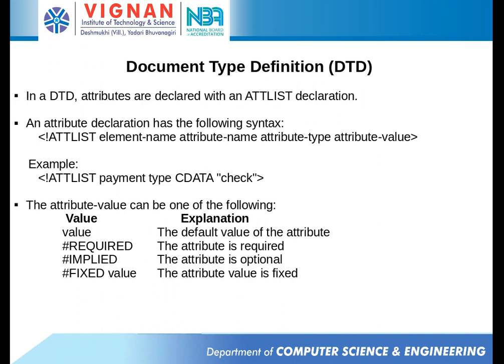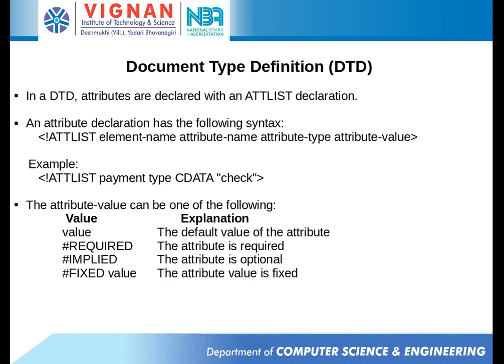So in the case of attribute values, we have different options to specify. If any value is there, we can specify the value directly in double quotes. Or if we feel the attribute value is mandatory, that the value is required, then we can specify #REQUIRED, all in caps, at the attribute value position.